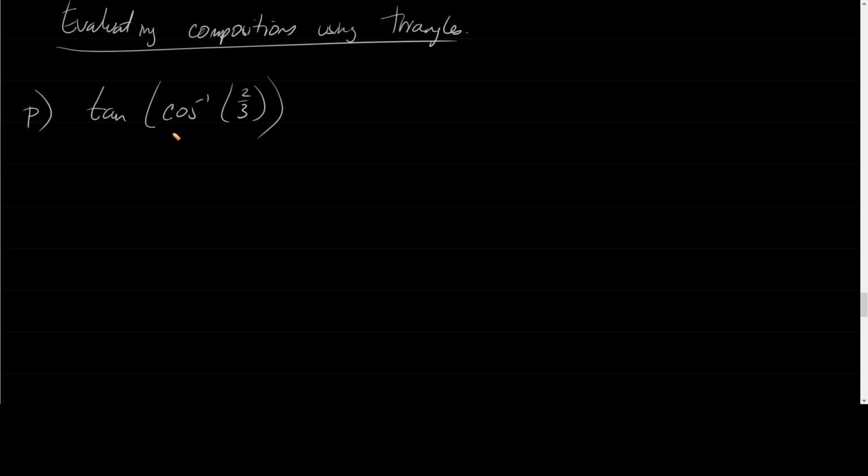Well, since we're working with cosine inverse, that means that the triangle, actually let's do this. This piece right here is some sort of angle. So what I'm going to look at is that this angle is equal to cosine inverse of 2/3, which implies that cosine theta is equal to 2/3. All right.